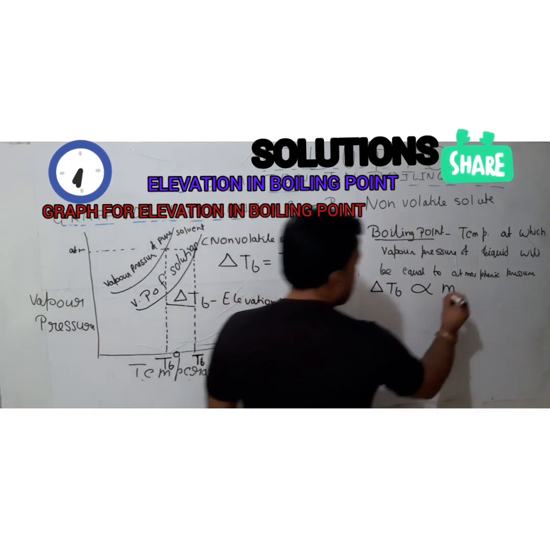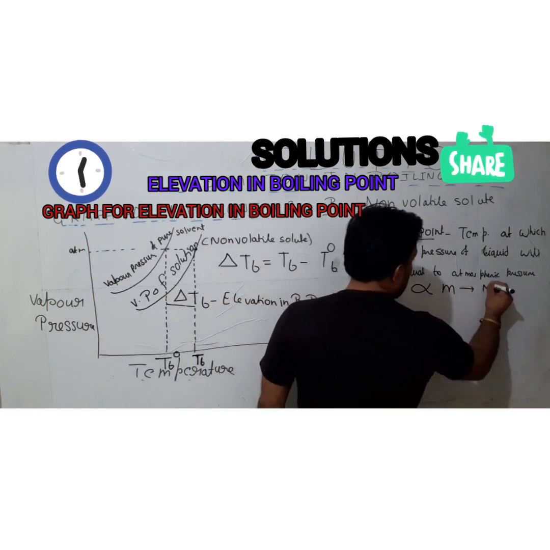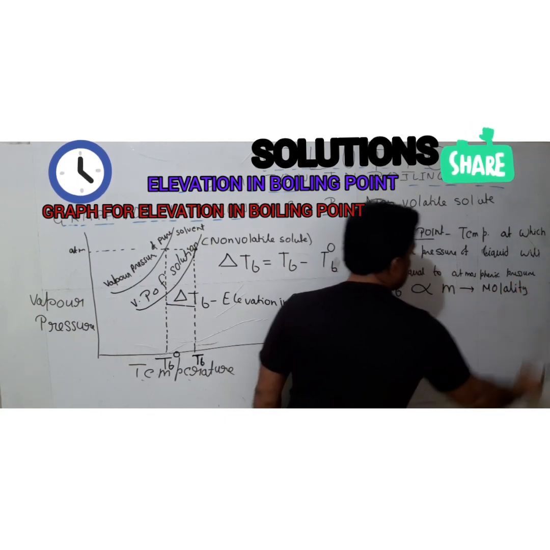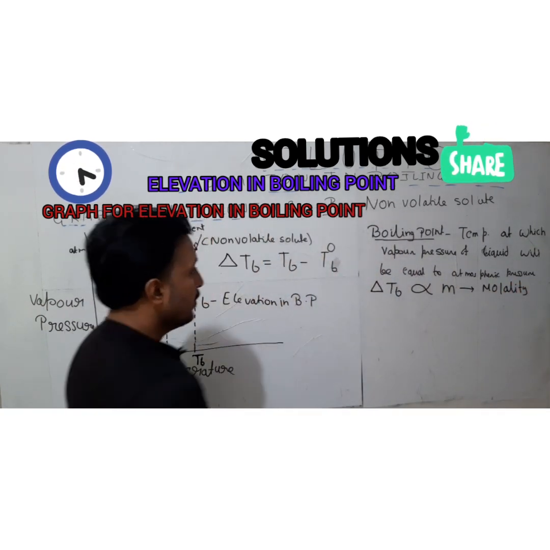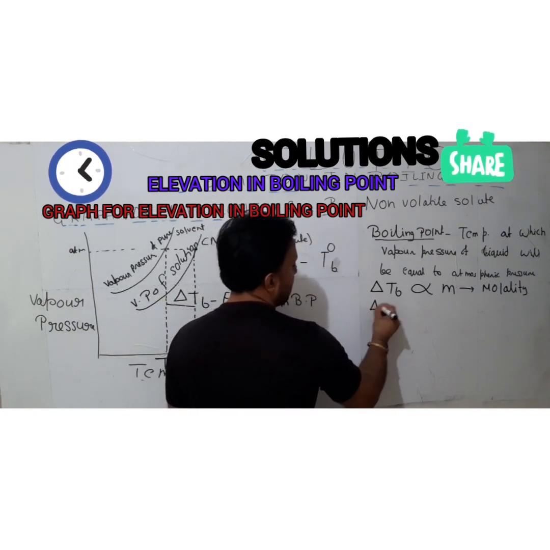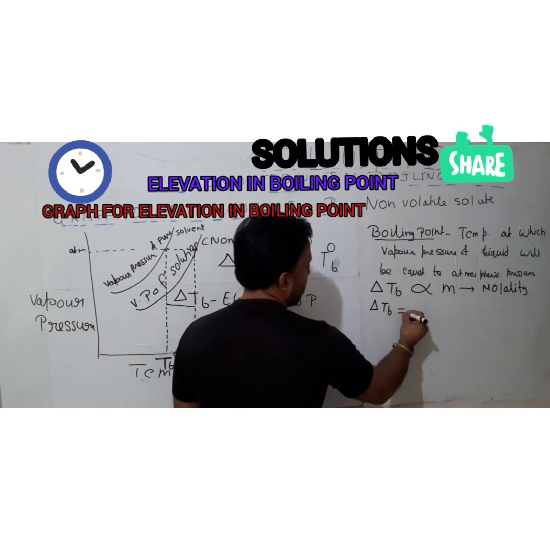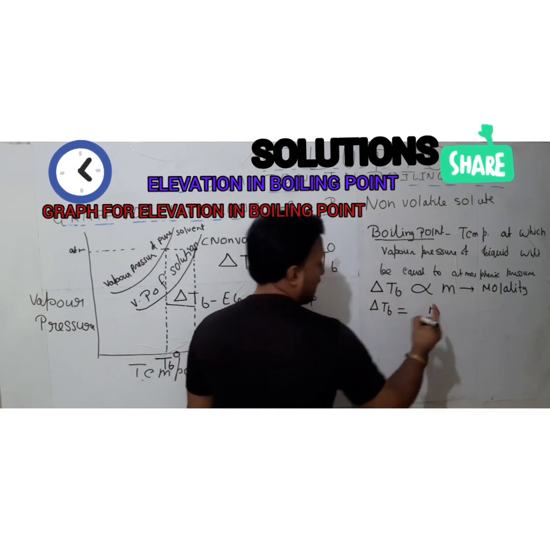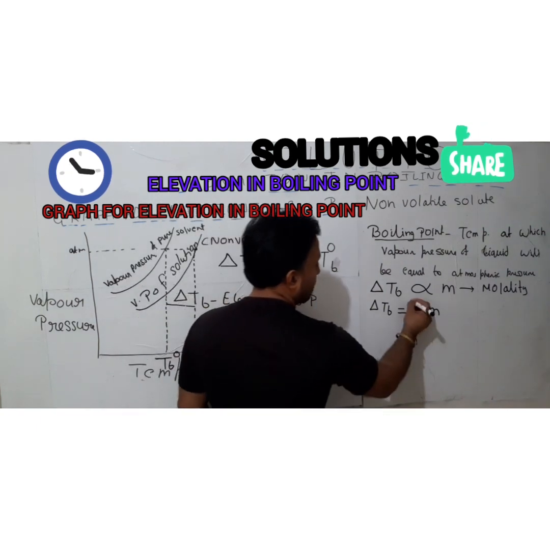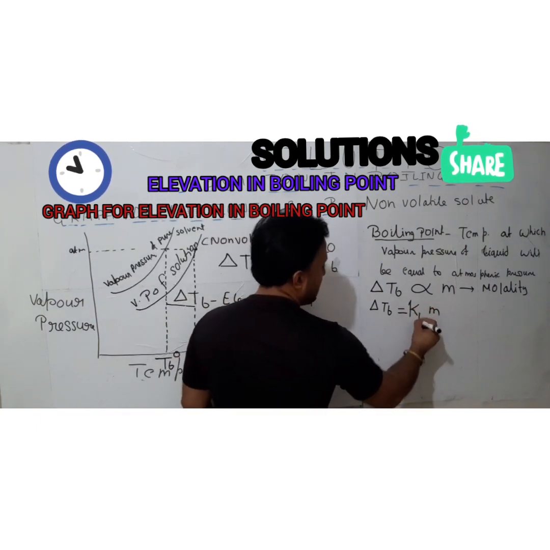If you remember, small m is the molality of the solution. So you can write it like this: delta TB equals Kb times m, where, when we replace the sign of proportionality with equality, there will be a constant, which is Kb.